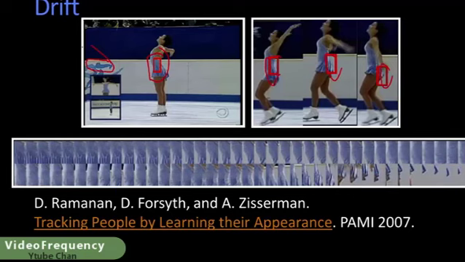And so what's happened is you keep changing, and all of a sudden, more of the target model came from the rink than came from the skater. So as the skater leaves, the model stays right there. And this is the problem with adaptive tracking.